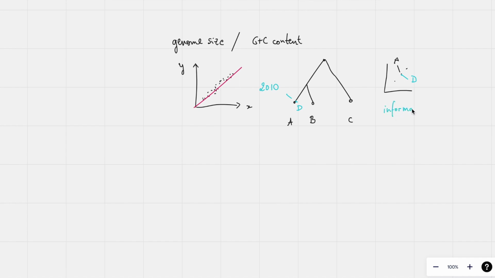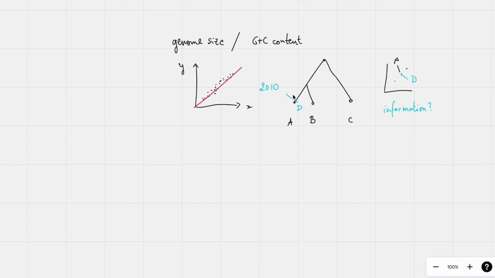Does the fact that we just discovered species D and the fact that this is indeed a different species from species A, does this give us new information about the problem at hand here? On the one hand, you could say yes, because we have one more data point, and one more data point is always more information. On the other hand, you could say no, because in reality, there was not enough time for A and D to diverge, and therefore whichever information we already had about species A is going to be the same about species D.